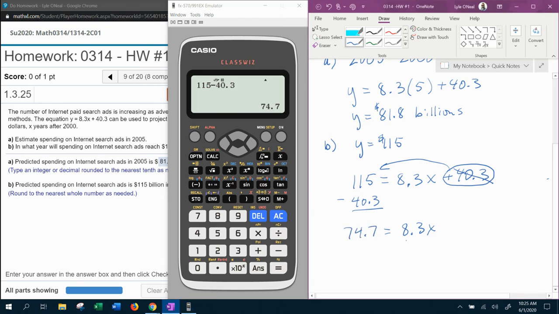And then to finish solving for x, we're going to have to divide both sides by 8.3. And so x is, coming over here to the calculator again, 74.7 divided by 8.3. Wow, comes out to be a whole number, 9.